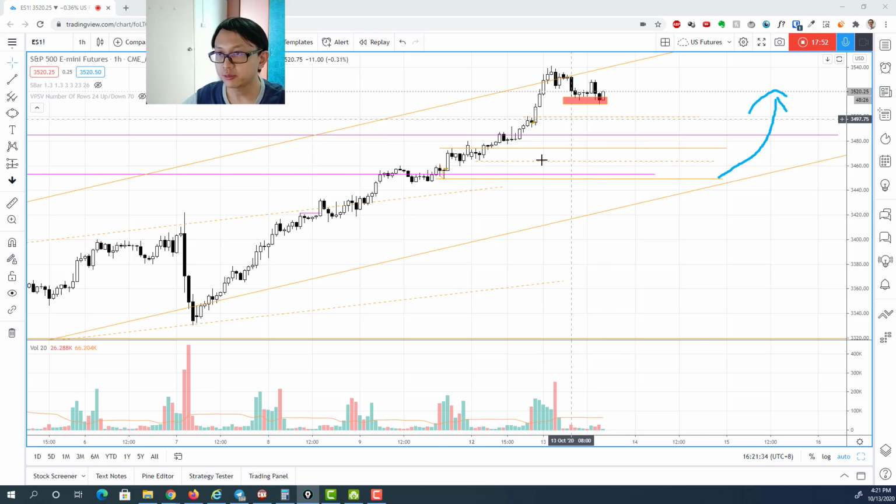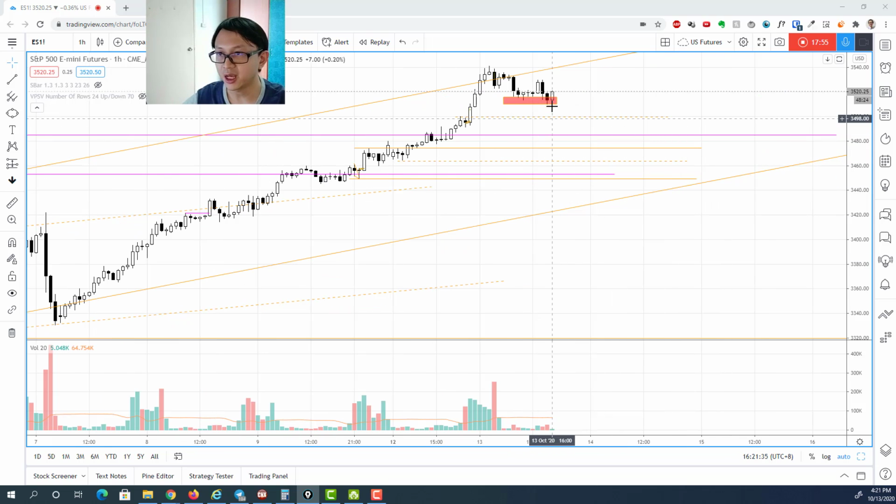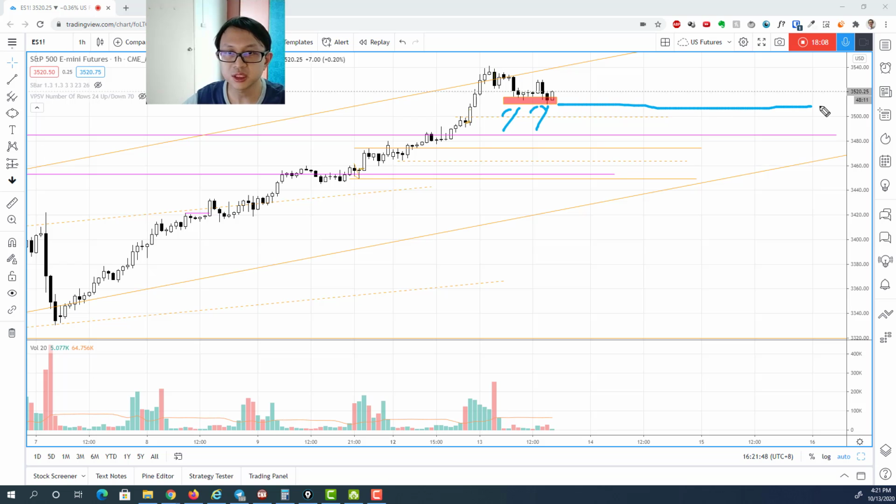Depending on how the price reacts, you can see that I have marked up this immediate supporting level, which is kind of a small level, but definitely is still respecting this level so far. That's somewhere around 3510 to 15.